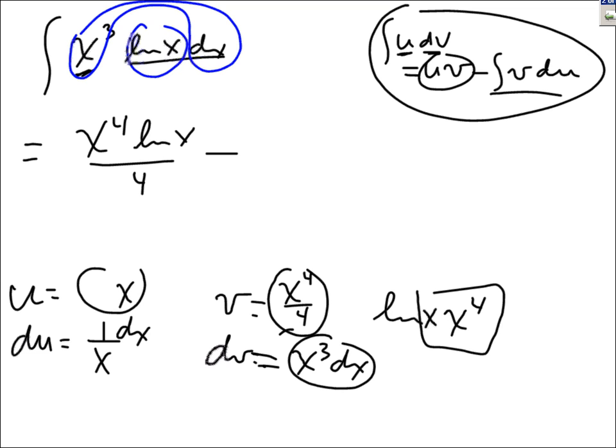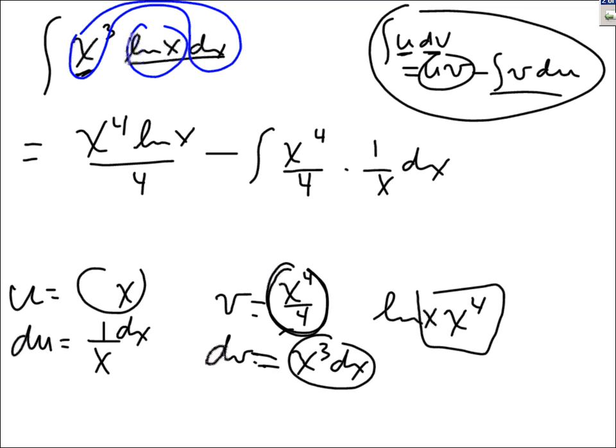Minus the integral of v du. du is 1 over x dx.